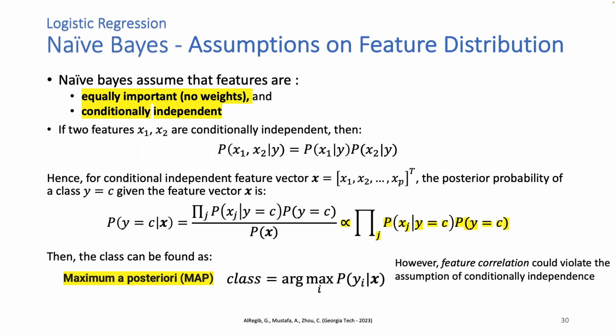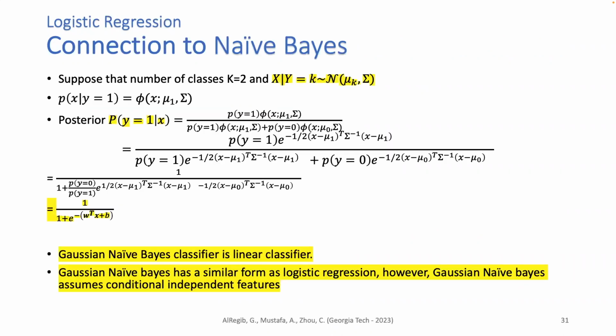Times the probability of my output equal to whatever the value is, C in this case, right? So now, if I have a normal distribution, a Gaussian distribution, so that the probability of x given y is a Gaussian distribution, then in that case I can calculate my posterior probabilities.